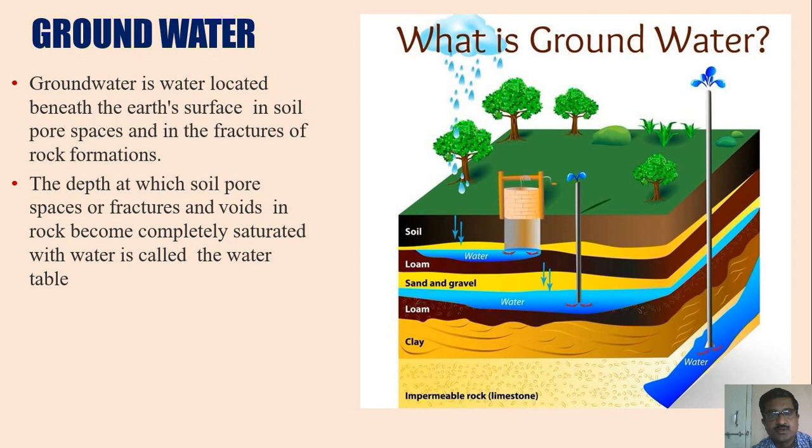The rest of the water flows on the surface of the earth in the form of runoff. The depth at which soil pore spaces or fractures and voids in the rock become completely saturated with water is called the water table.